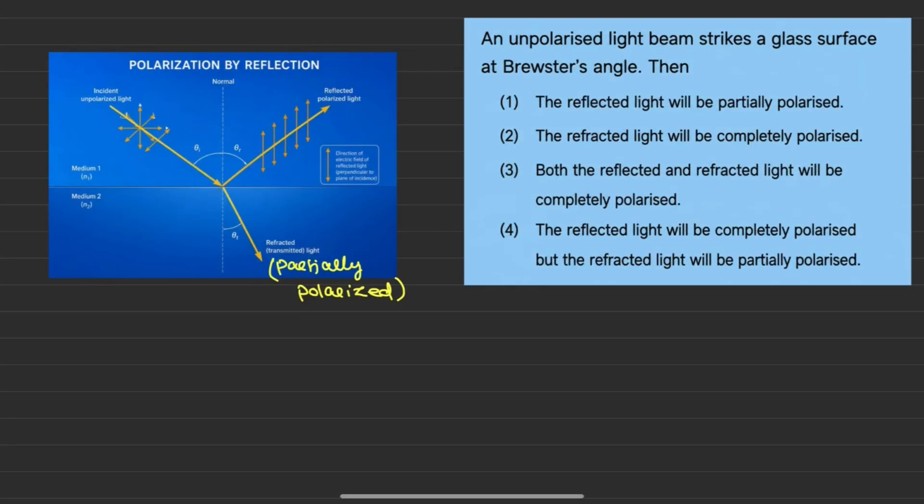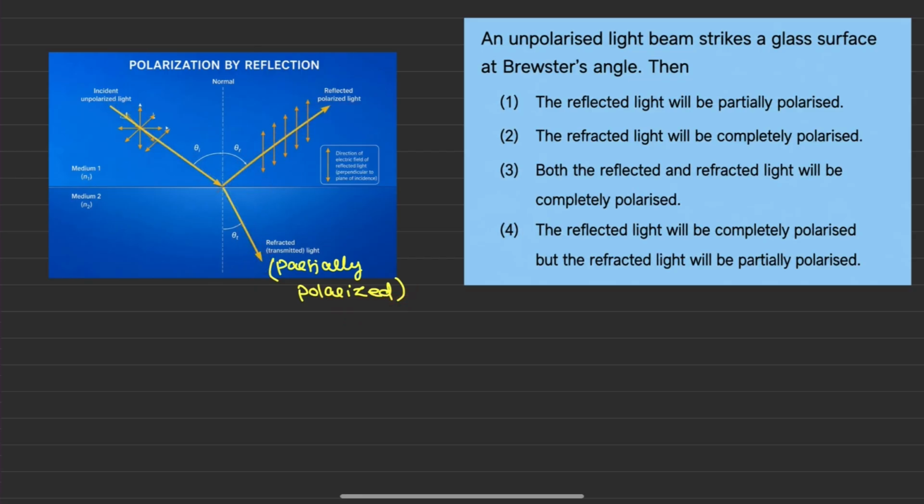Let's go with this question. An unpolarized light beam strikes a glass surface at Brewster angle, then. So what is the meaning of Brewster angle? It is a special case when incident unpolarized light comes in such a way that the angle between the reflected light ray and refracted light ray will be 90 degree. In this case, reflected light will be completely polarized and refracted will be partially polarized.